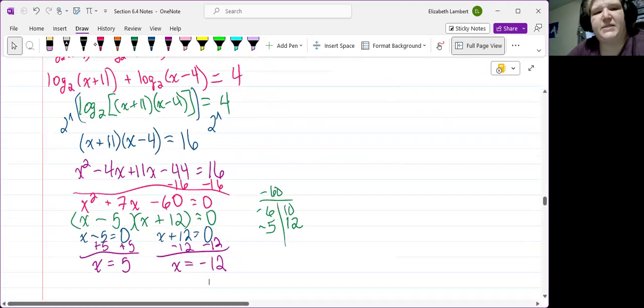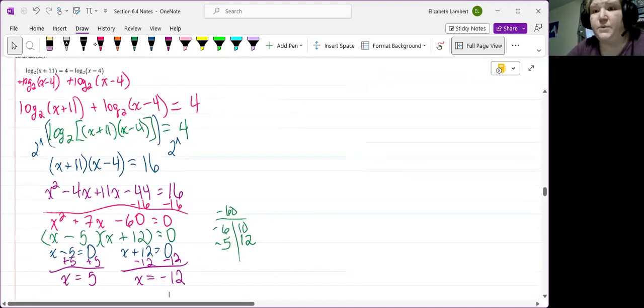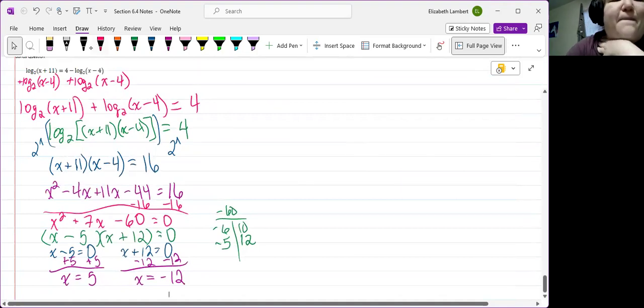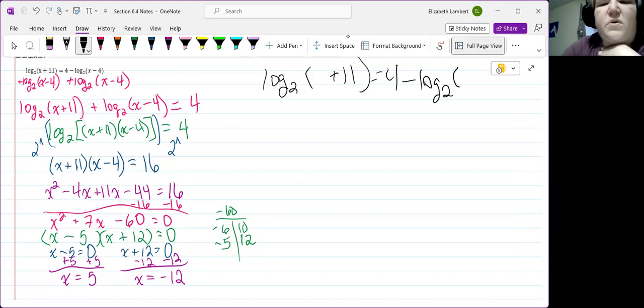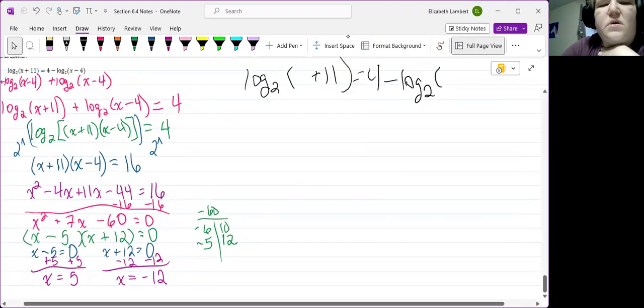To check these, it's a lot of zooming out. We got to go back to the original problem. So log base 2 of our number plus 11 is supposed to equal 4 minus log base 2 of thing minus 4.